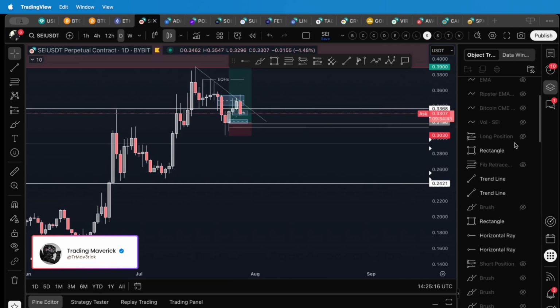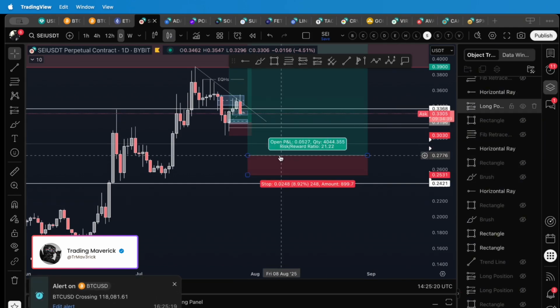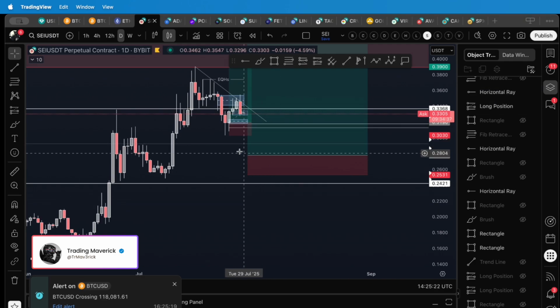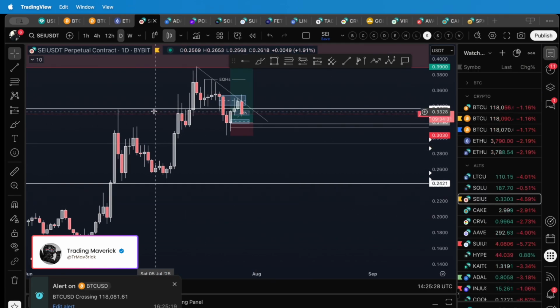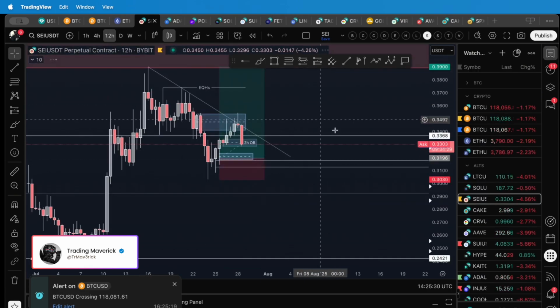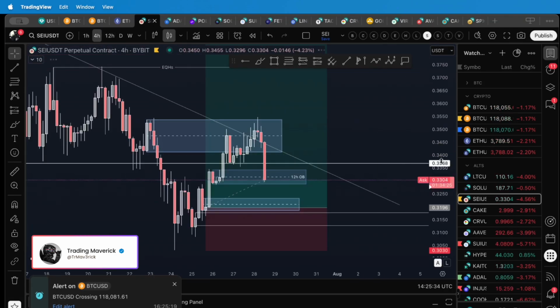Because let's see if I still have the setup. Yeah, this was my long setup. So, I don't know, maybe we can get that. Who knows what Bitcoin is going to do? Are you guys still holding this long on say, or did you get out?